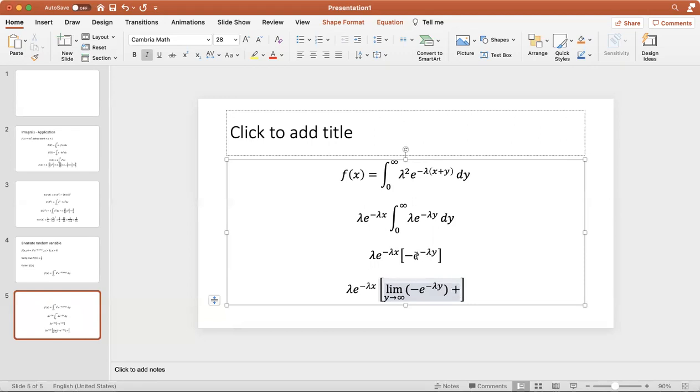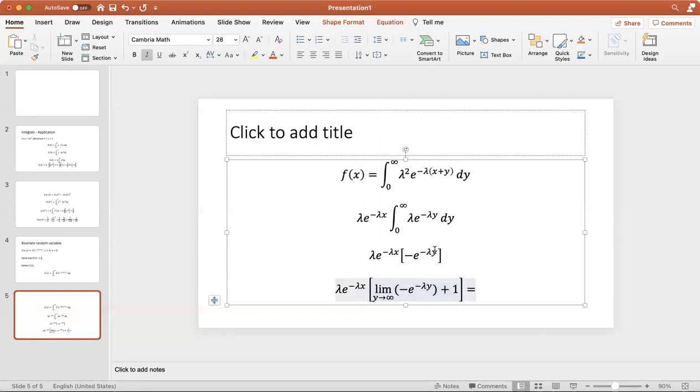But e raised to 0, we plug in 0 in this expression, this becomes what? Well, e raised to 0 just becomes 1, so this becomes positive 1, okay?